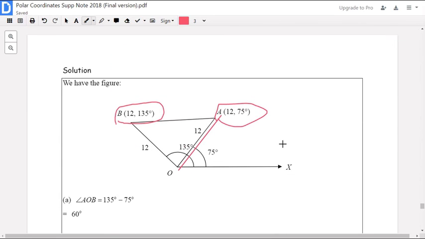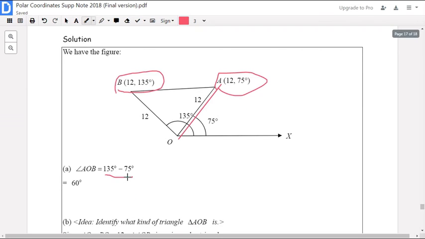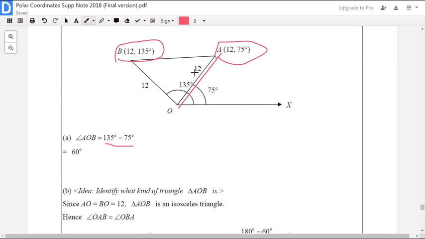Part A, very simple and quick application. Angle AOB is given by, from the figure, 135 minus 75, which is 60 degrees. Now, you can see from the figure that OA is 12 and OB is 12 also. Therefore, again, triangle OAB is an isosceles triangle with OA equals OB.